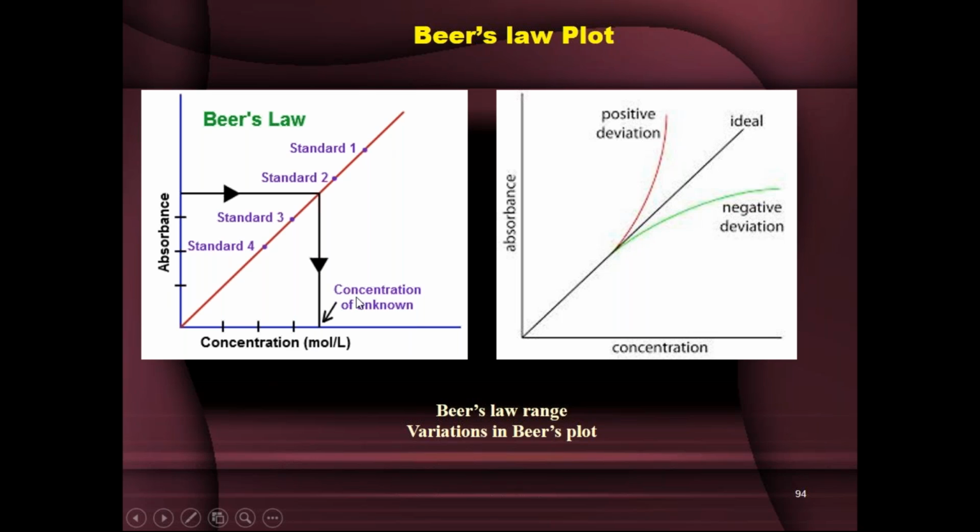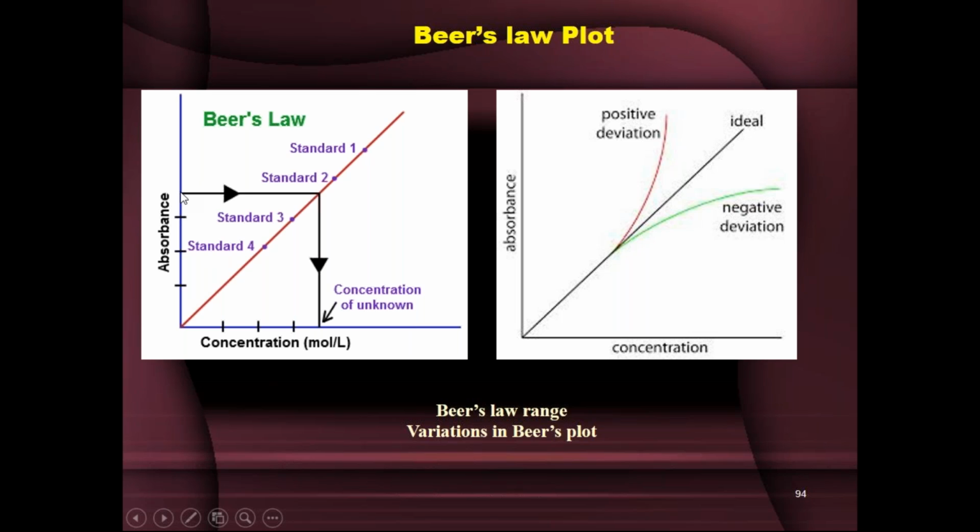Now from the standard Beer's plot, you can find out the concentration of any unknown solution having the same substance. So you have been given a sample solution. You will take, say, 1 ml of the sample solution and dilute to 50 ml. So now whatever was given to you in 1 ml is present in 50 ml. Now you measure the absorbance.